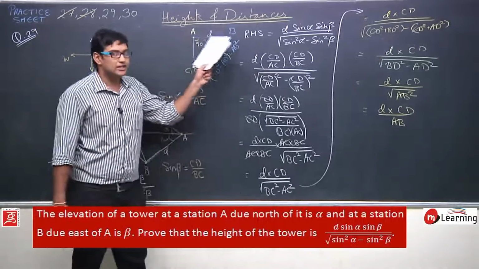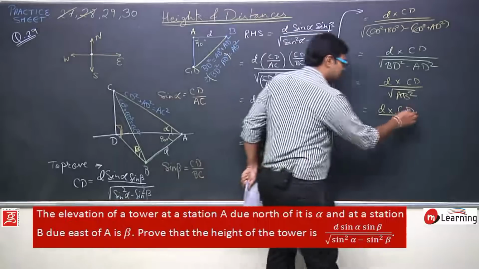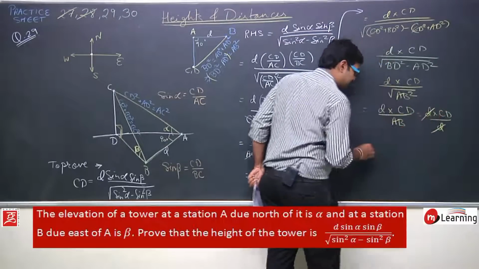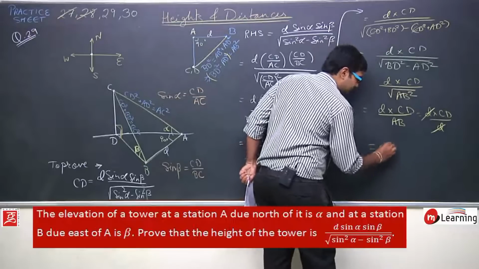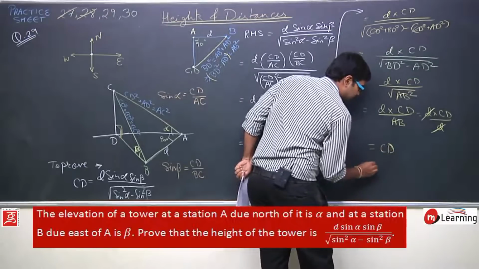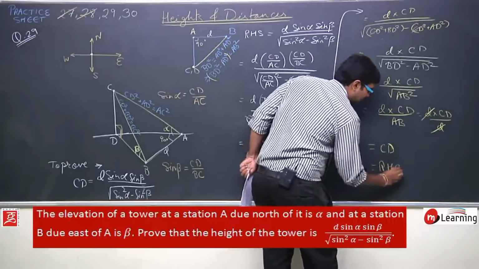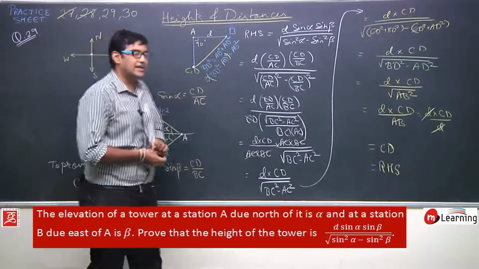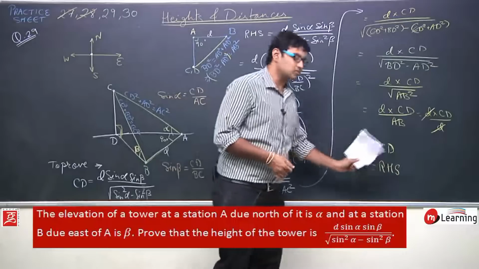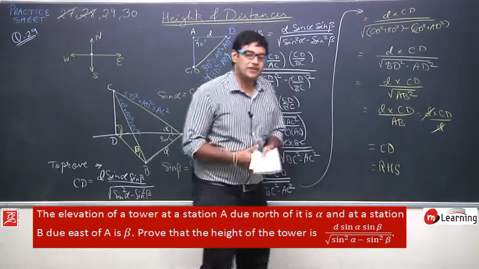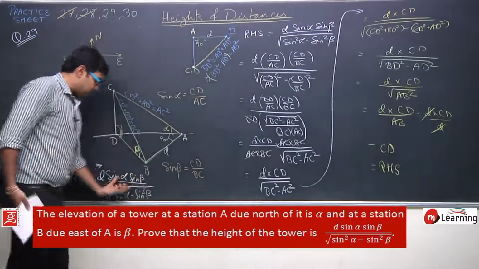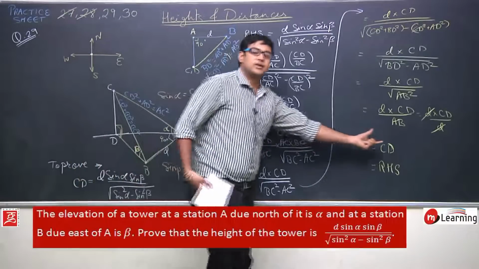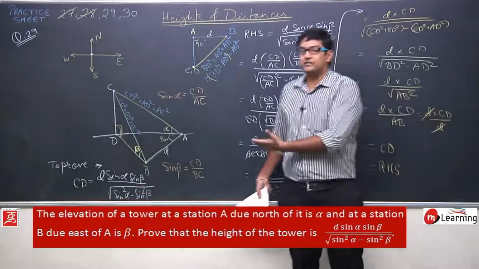AB is given as D. So in place of AB I can write D. So this will give you D times CD upon D, and when you cancel these values you will be left with CD, and this CD is the right hand side of this equation. So what we have done is, we have proved that this value represents CD, and CD is the height of the tower.